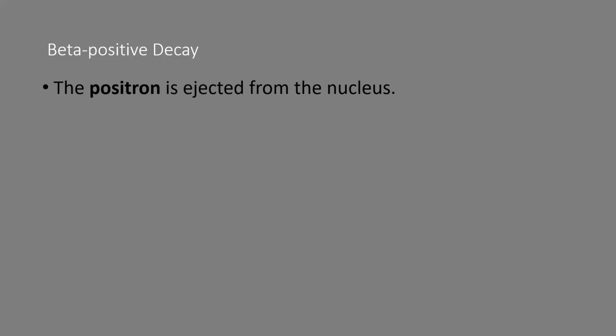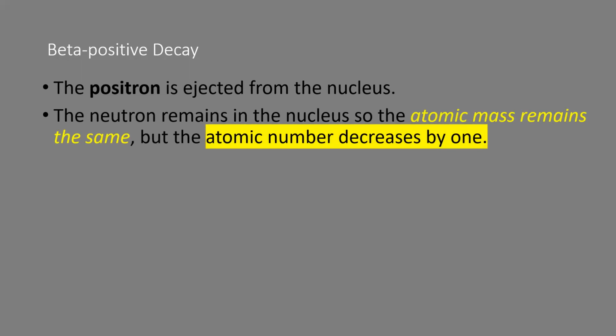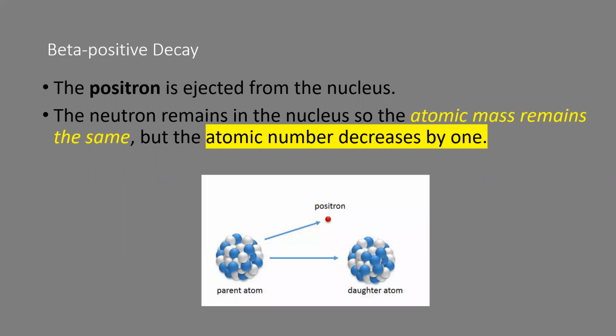The positron is ejected from the nucleus, and the neutron remains in the nucleus. So atomic mass stays the same, but now our atomic number is decreased by 1. So we have another identity for the daughter atom.